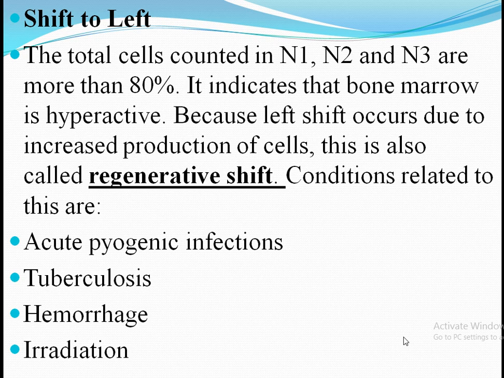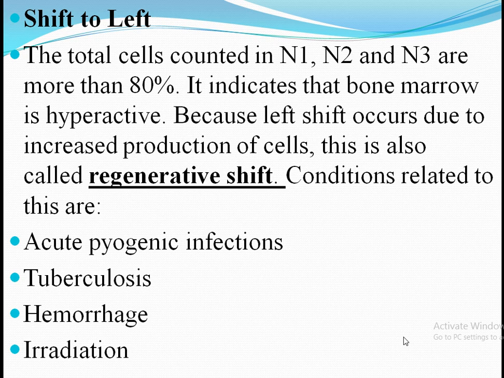So this is the importance of the differential count, that it is helpful in detecting the disease process. It shows the different lobes and developmental stages, and how many immature cells are present.